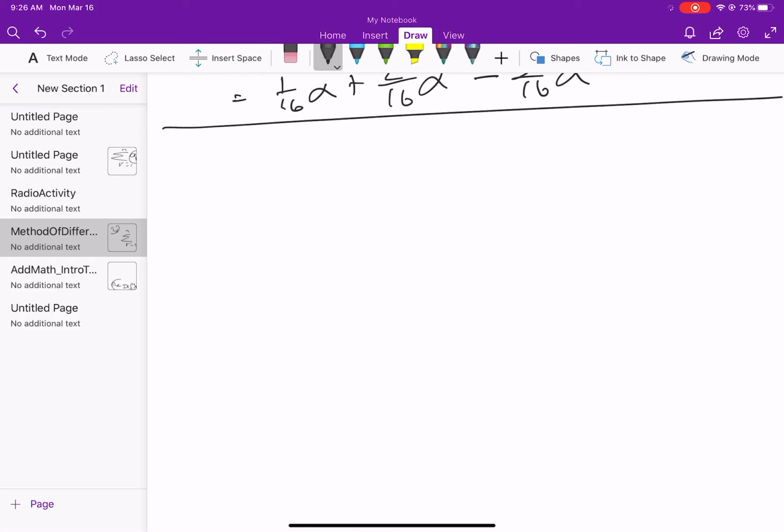I want to take a look at number 6 on that worksheet, which starts as follows.